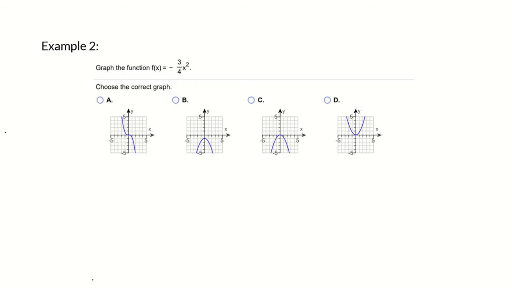So this polynomial has degree 2, and it has lead coefficient of -3/4, which is negative. So what that tells us, since the degree is 2, that means that the ends of the graph match. And since the lead coefficient is negative, the right end goes down.